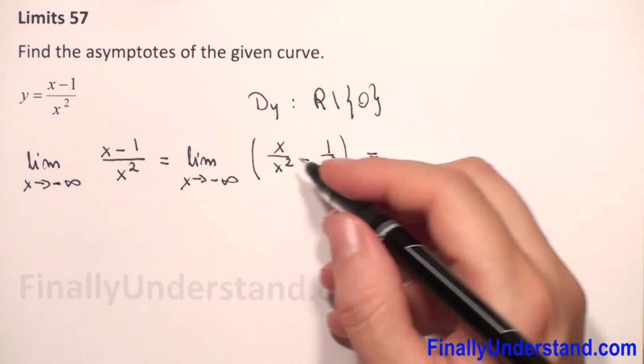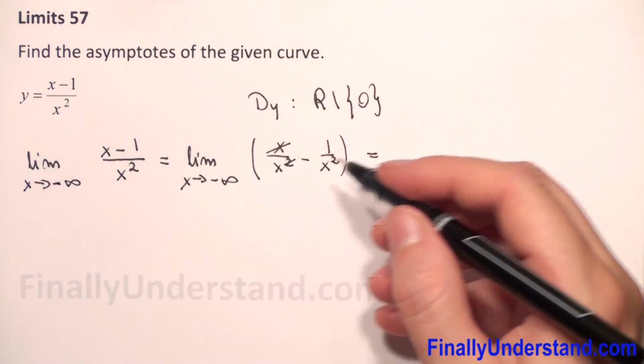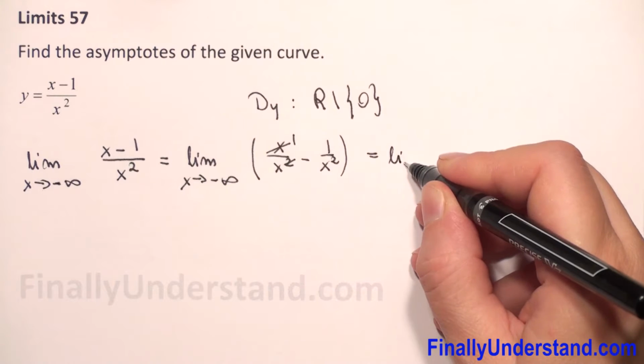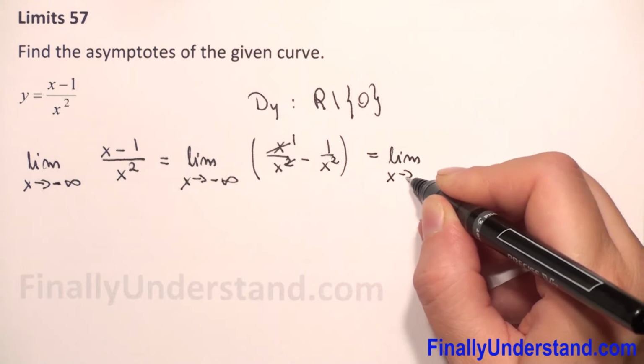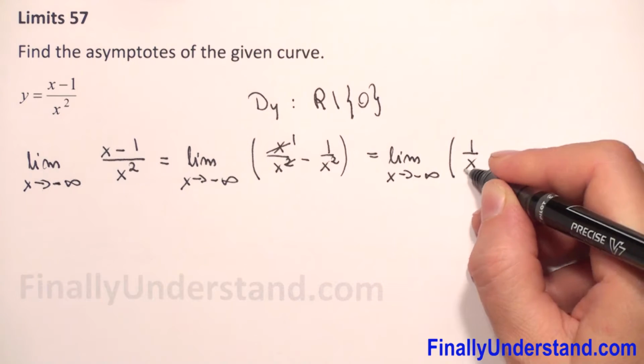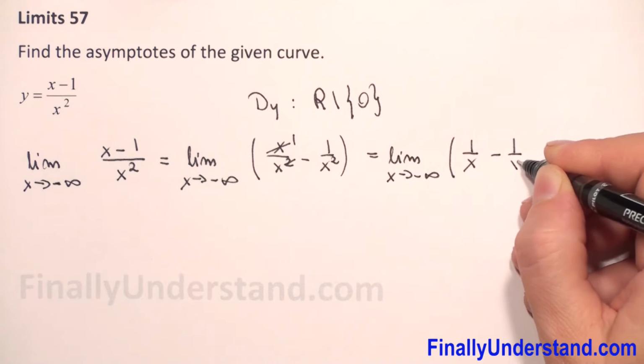We can reduce the square with x, so we have 1 in the numerator. So the limit as x approaches negative infinity of 1 over x minus 1 over x squared.